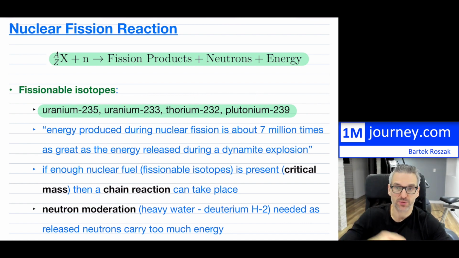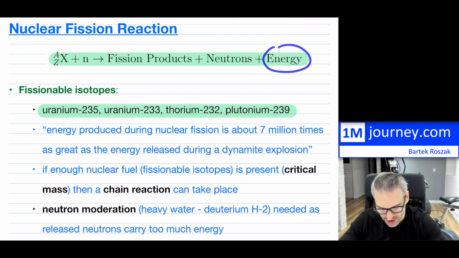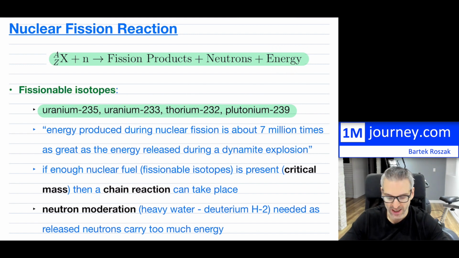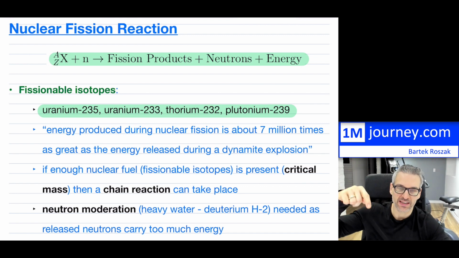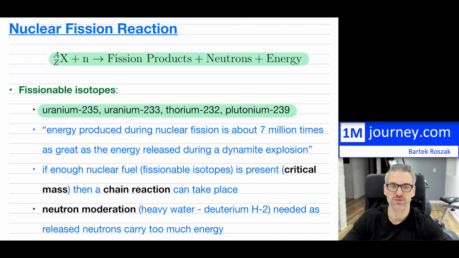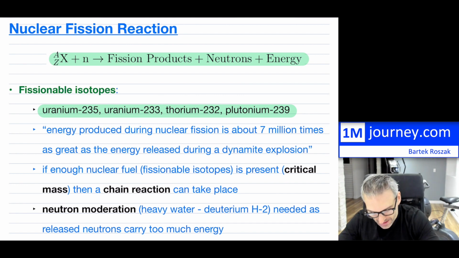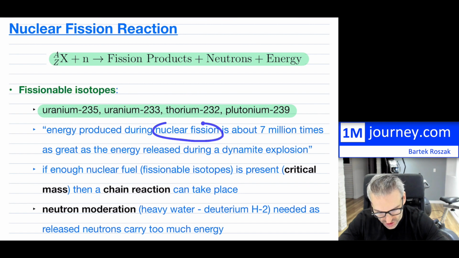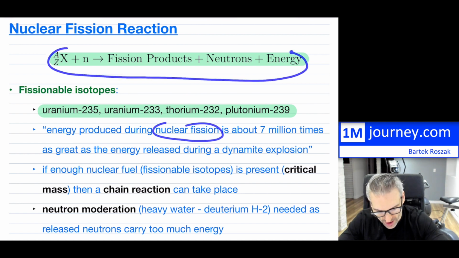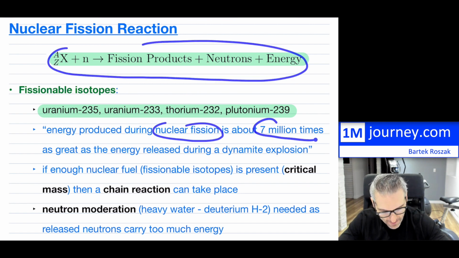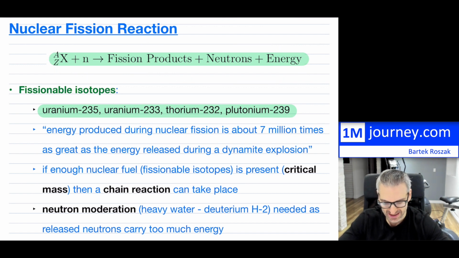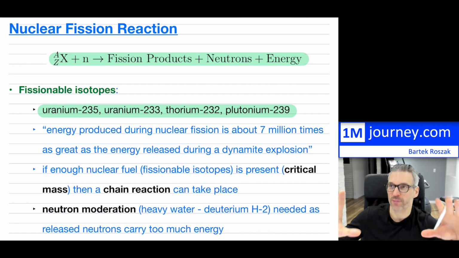I mentioned that it produces huge amounts of energy. This is in quotation marks because I've taken this information from a textbook, and I'll put it in the references in the description as well. The amount of energy produced during this nuclear fission process is about 7 million times as great as the energy released during a dynamite explosion of comparable size.